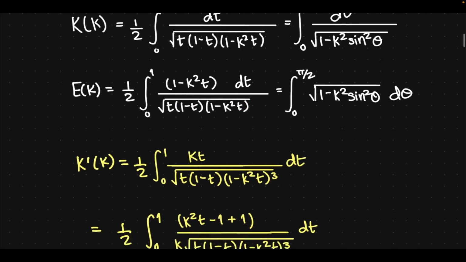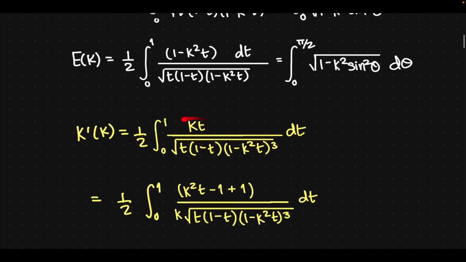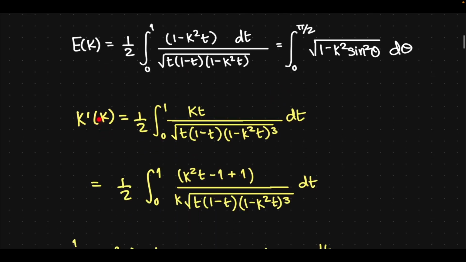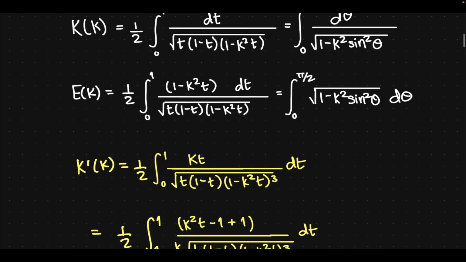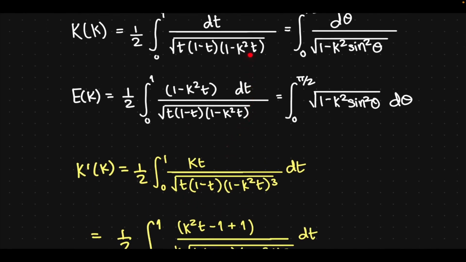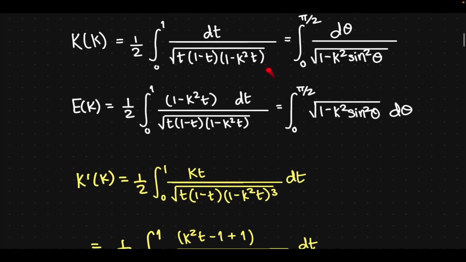Okay, let's get started. So we have capital K prime of k, where differentiating 1 with respect to k is 1 half integral 0 to 1 of... we're going to have to use the chain rule here because we have power 1 half and it's in the denominator.